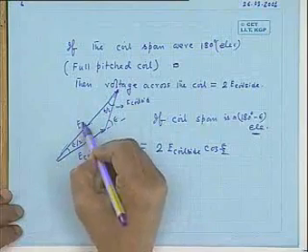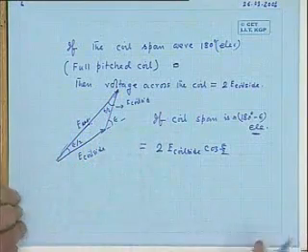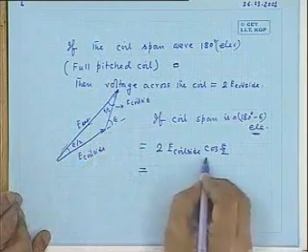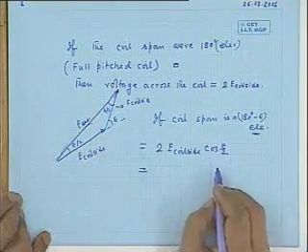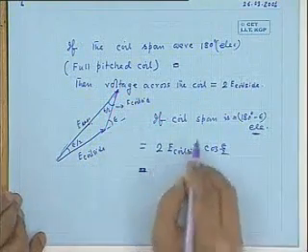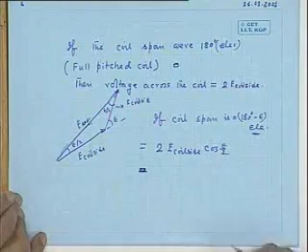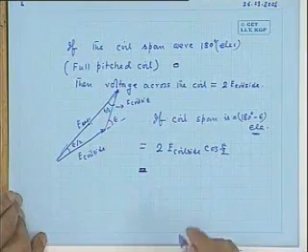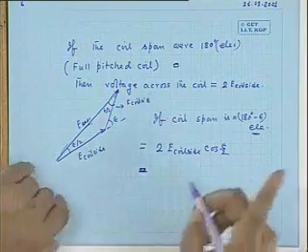This projection and also this projection make the total length E resultant. Therefore, your voltage is reduced by a factor of cosine epsilon by 2.